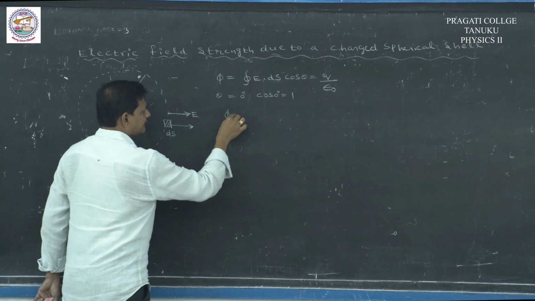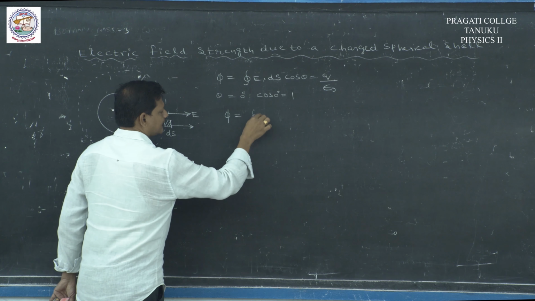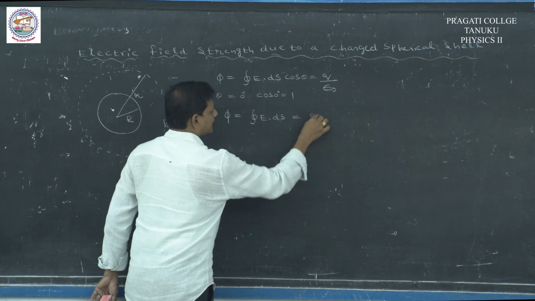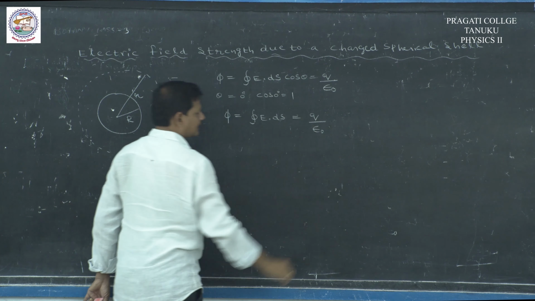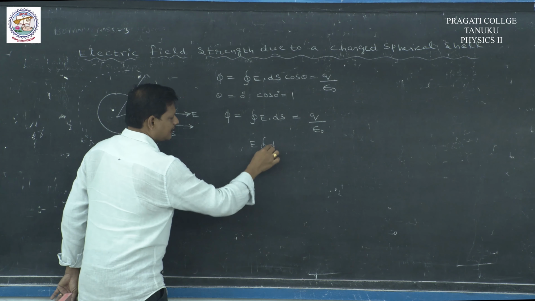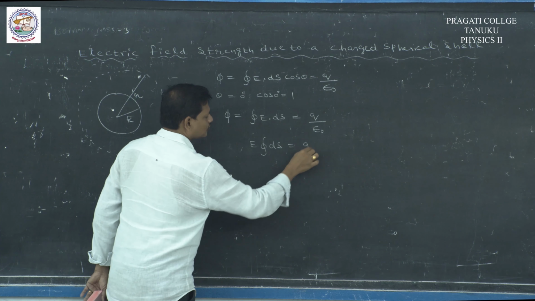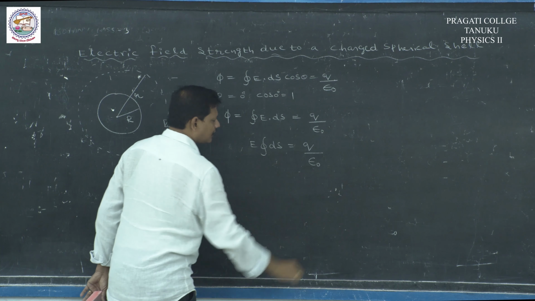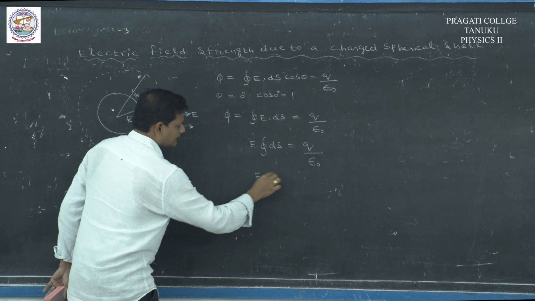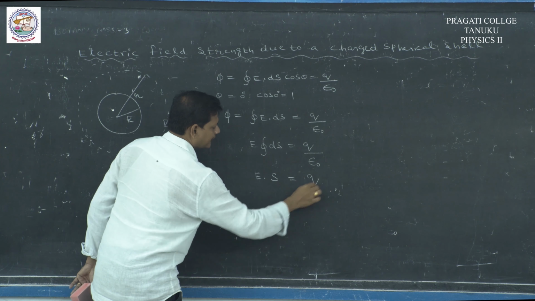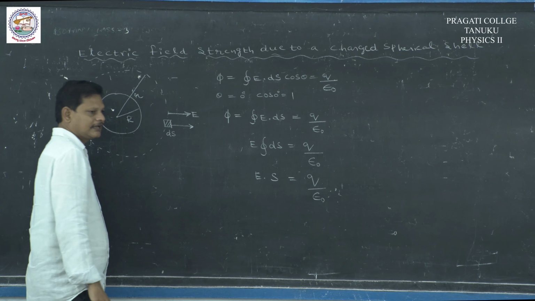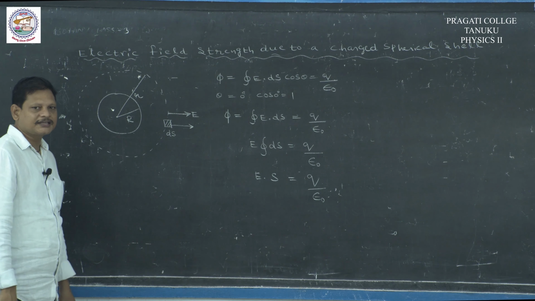So, flux phi is equal to integral E ds equals q by epsilon naught. E integral ds is q by epsilon naught, E s is q by epsilon naught, since integral ds is nothing but s, where s is the surface area of the spherical shell.